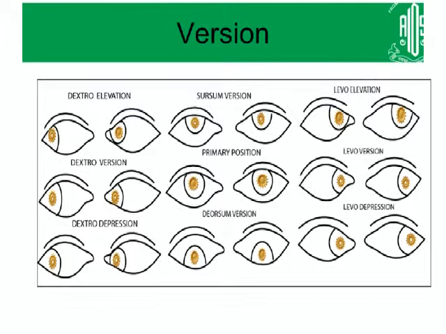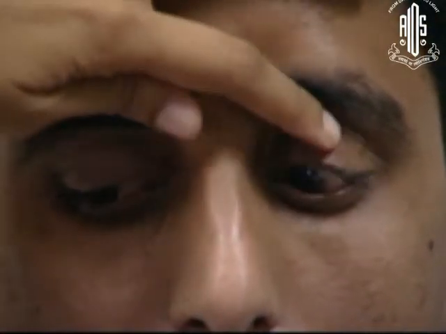So we're just going to show you the ocular motility examination. Remember, dextroversion, levoversion, always come back to the center. Dextro elevation, dextro depression, and then lift the eyelid, because you want to see if there is any lid retraction on down gaze. Levo elevation, levo depression, and then lift the eyelid. Okay?